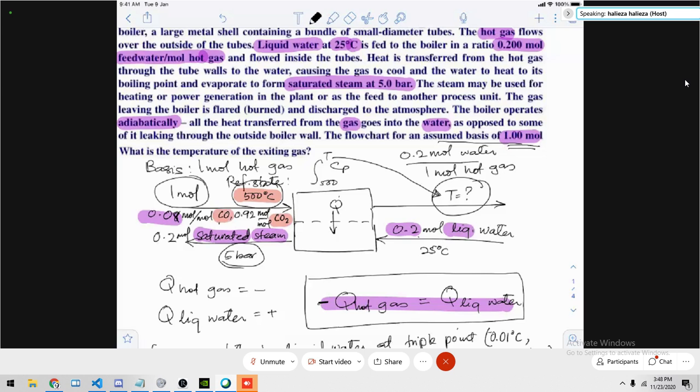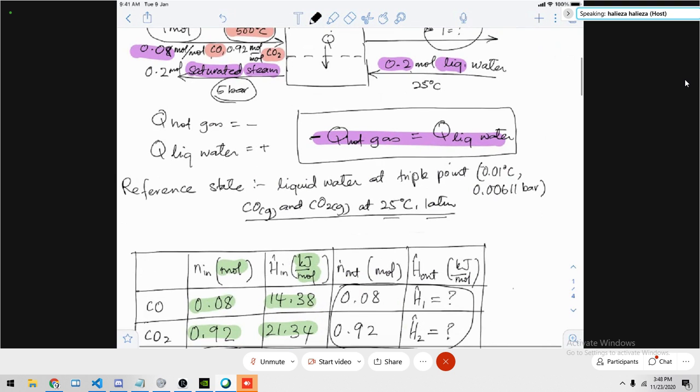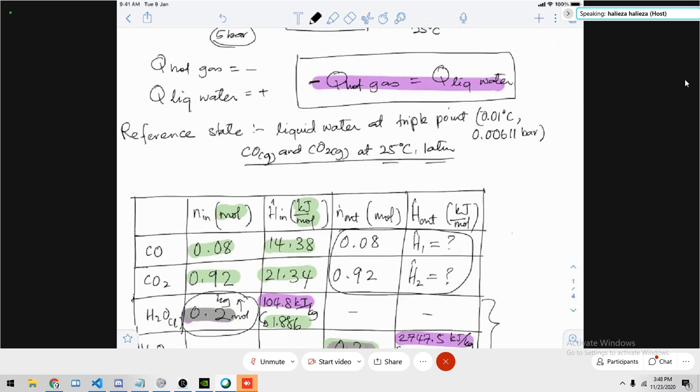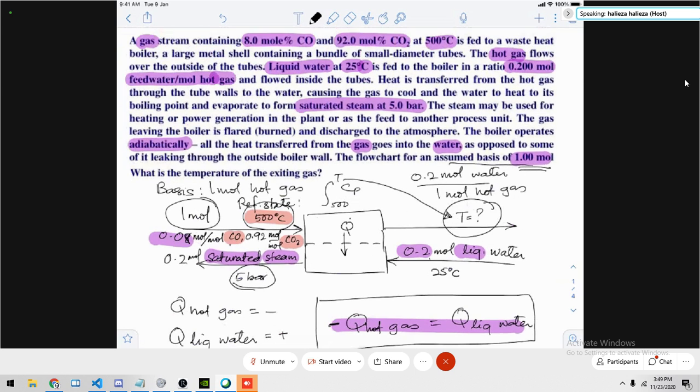Then you have to calculate your enthalpy for this, that, and this, using H from 500 degrees C. From 500 to 500 is equal to what? Isn't it? Because at the inlet, you set that as your reference state, right?